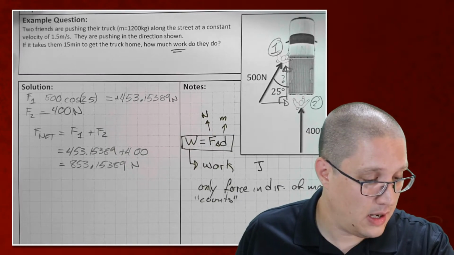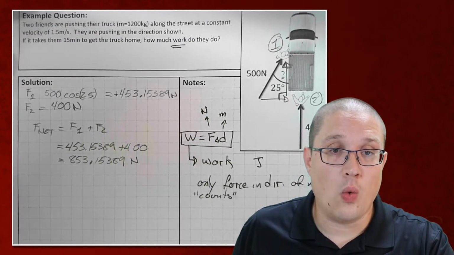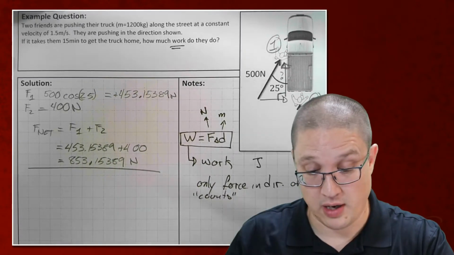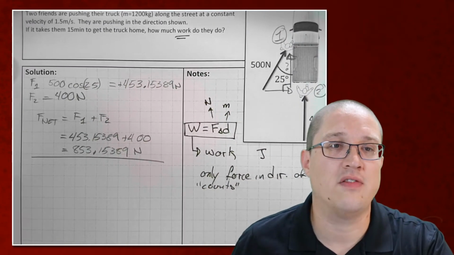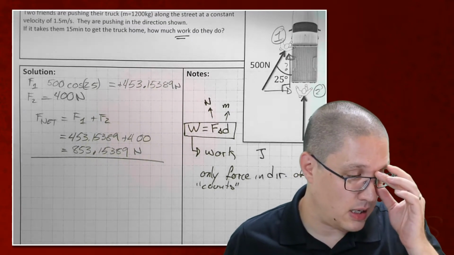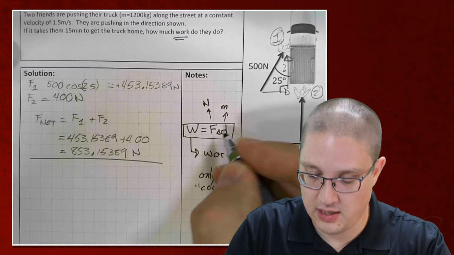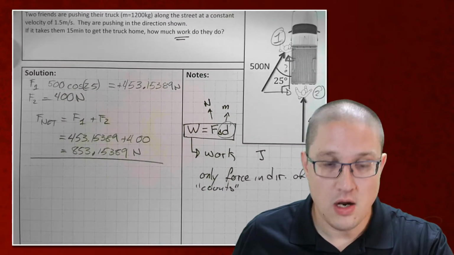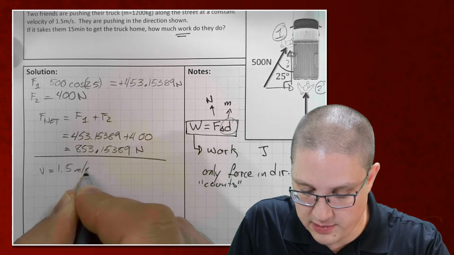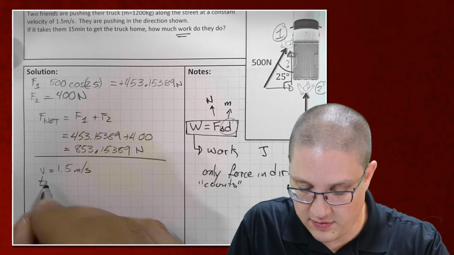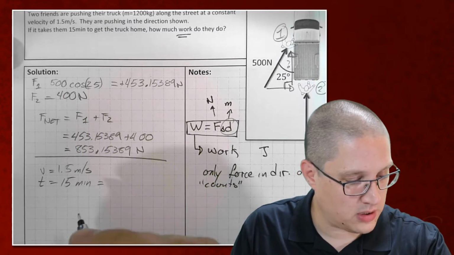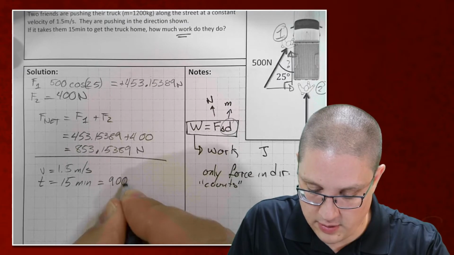That's awesome. All right. Now, first off, I needed to figure out my force, which I did. Secondly, I need to figure out my distance. I have my velocity, and I need this part here. So I have a velocity of 1.5 meters per second, and I have a time of 15 minutes, which works out to 900 seconds.